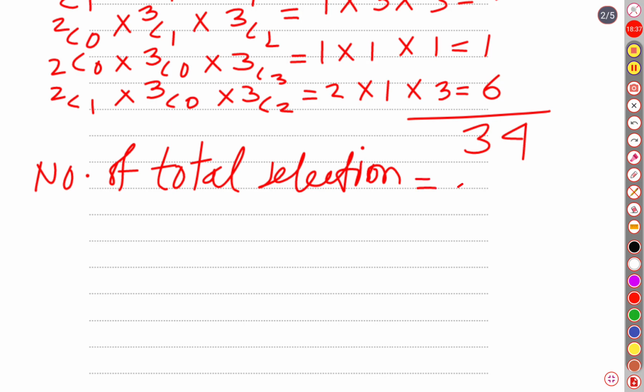Okay, total number of selection, how many digits are there? We know that there are 8 digits. From 8 we will select only 3. And remember, in the previous solution to question A and B, we were very careful about the identical digits while doing the arrangements. But remember, in selection actually there is no question of arrangements.